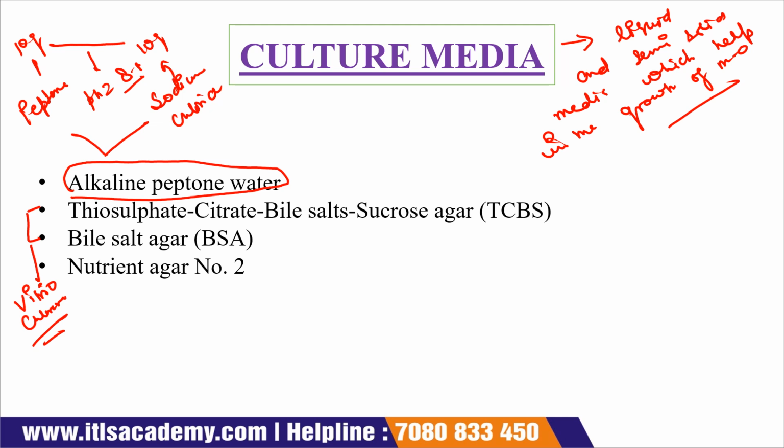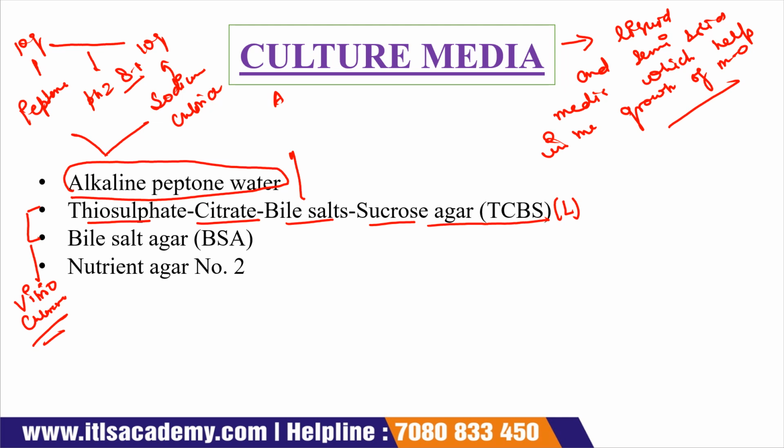Now the next is your TCBS, that is your thiosulfate citrate bile salt sucrose agar. This composition is for 1 liter. If you want to prepare it like 250 ml, 300 ml, then you have to calculate the amount of the ingredients according to your need.